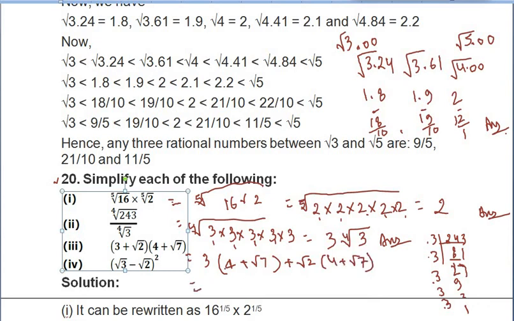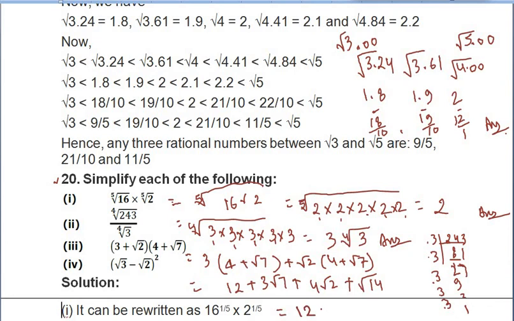Then it will be 3 fours are 12 plus 3 root 7 plus under root 2 into 4, 4 root 2, plus under root 7 into root 2 will be under root 14. Here 12 plus nothing can be added up, only this much will be the answer.